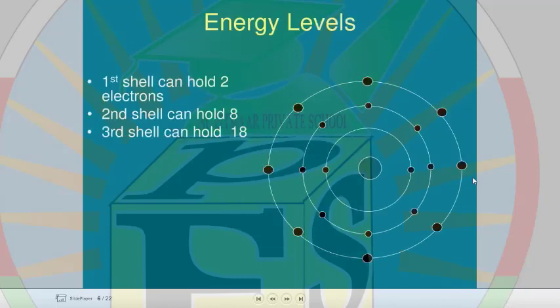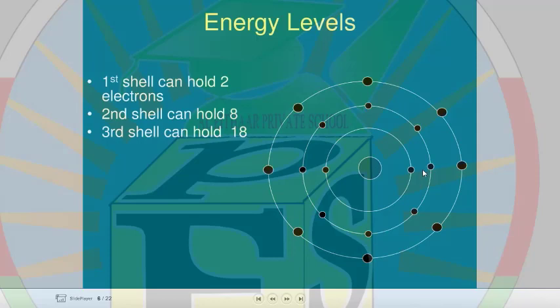Energy levels. Different atoms have different numbers of energy levels or shells. As we discussed, in an energy level there are electrons revolving around. So if there is more than one energy level, how will we define the number of electrons present in one energy level? The first shell or first energy level will only contain 2 electrons.